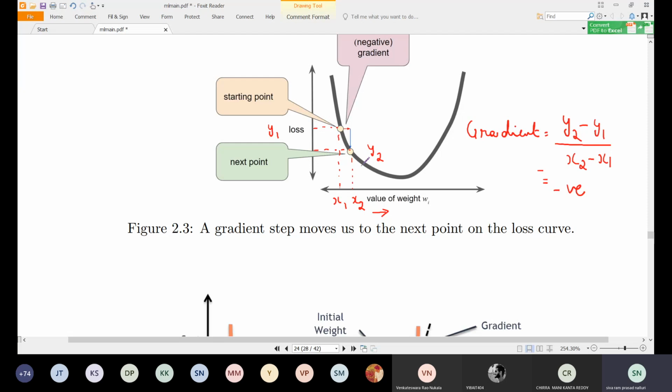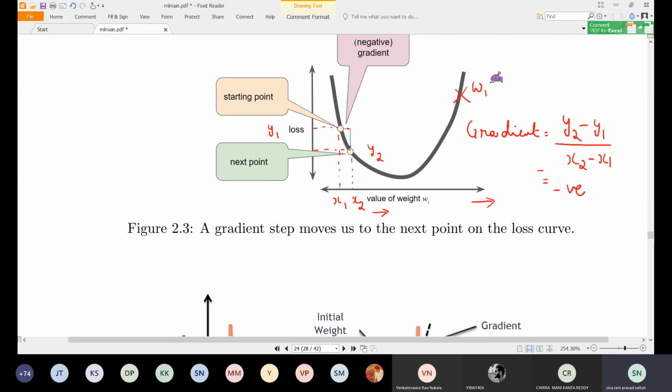I told you in the last class, when the gradient value is negative, in which direction do you update the weights? Right side, sir, positive side. Towards the positive direction of the weight. If the gradient is positive, suppose you have taken an initial value of weight here.